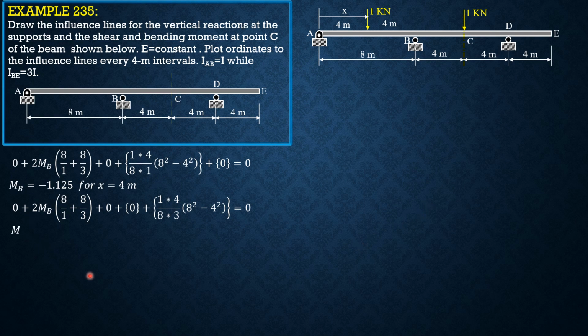Solving for MB, MB is equal to negative 0.375 for x equal to 12.